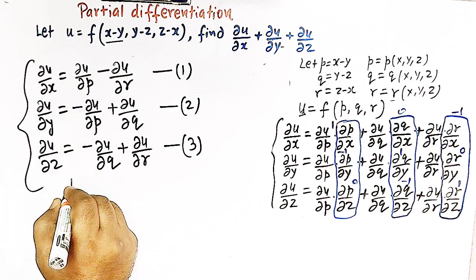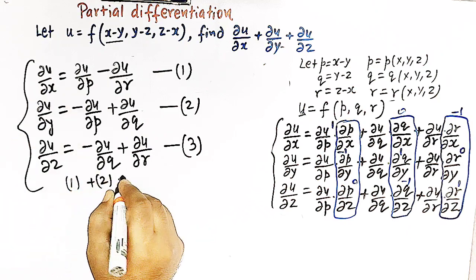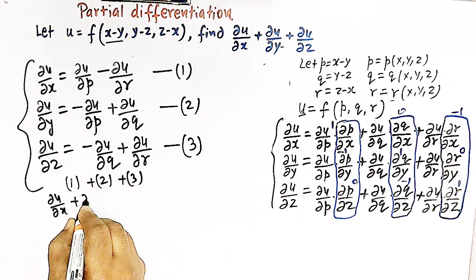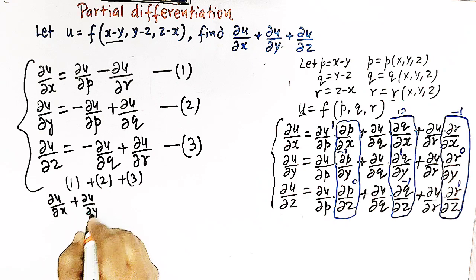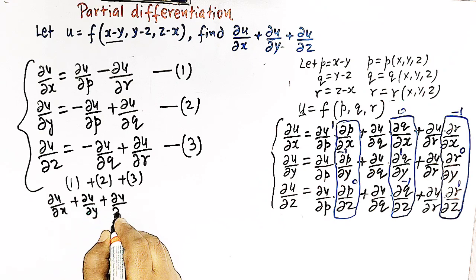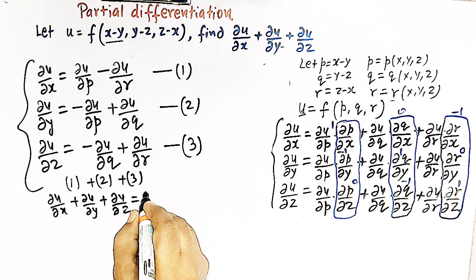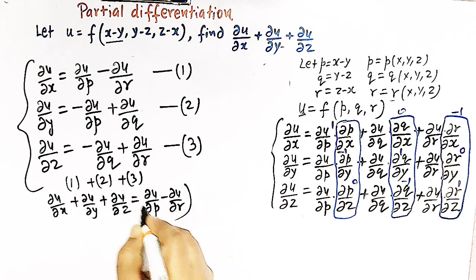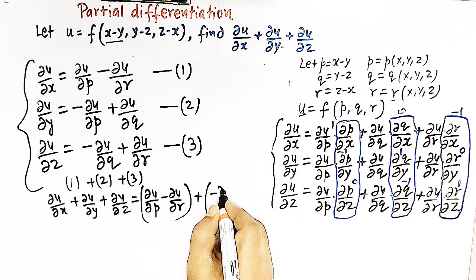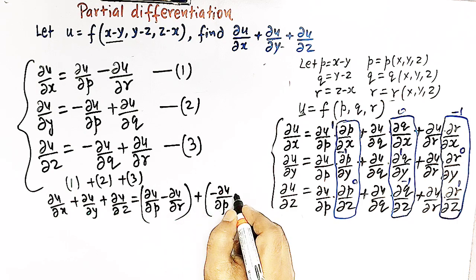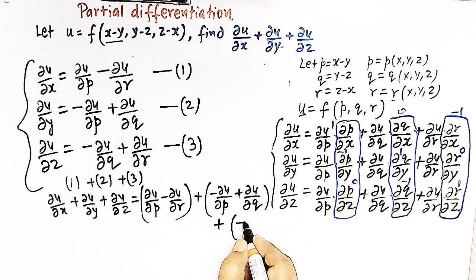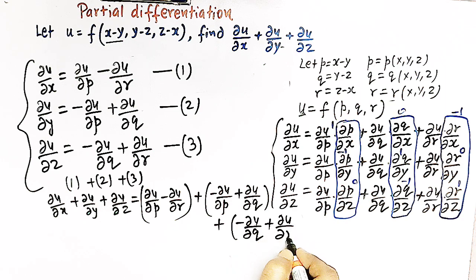So now adding equations 1, 2, and 3, we have here del u over del x plus del u over del y plus del u over del z, and here we have del u over del p minus del u over del r, and then we have minus del u over del p plus del u over del q, and here we have minus del u over del q plus del u over del r.